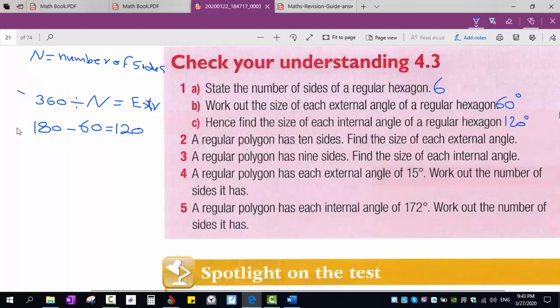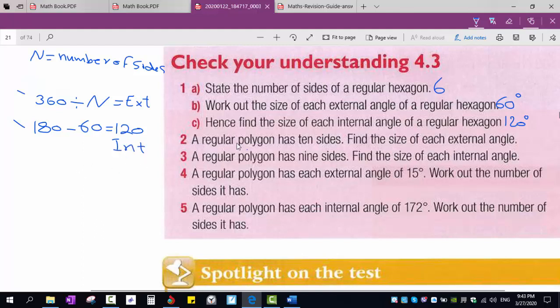These rules are always true. 180 minus exterior gives interior, and the opposite is also right: 180 minus interior gives exterior. 360 divided by number of sides gives exterior, and 360 divided by exterior gives number of sides. And this one is interior.